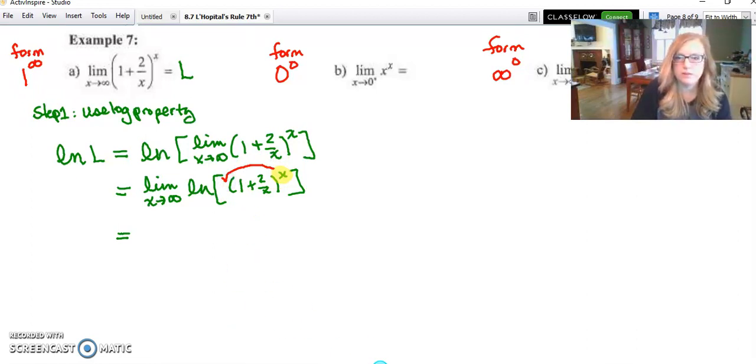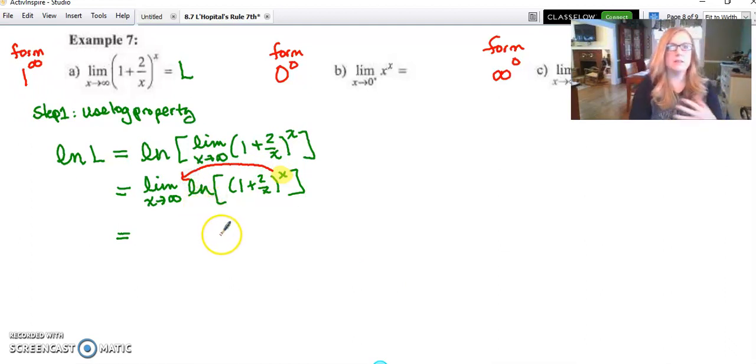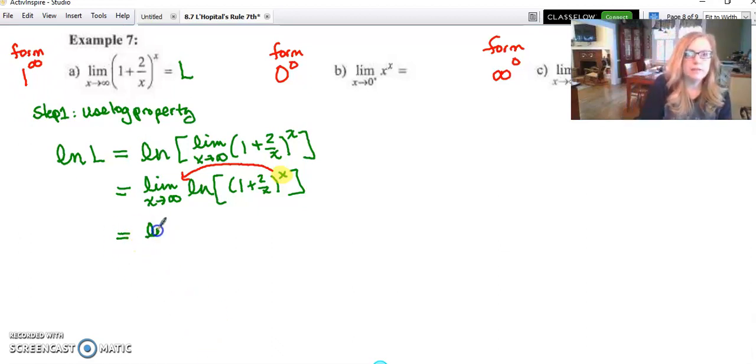Not to the front of the inside, but all the way to the front of the outside out here because of this log property. You might ask why that helps. Then what we have is the limit as x goes to infinity of x times the natural log of 1 plus 2 over x.